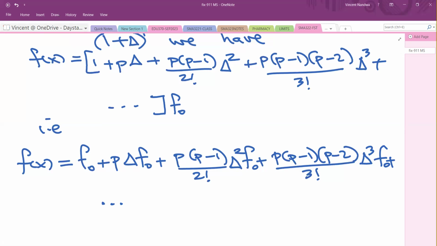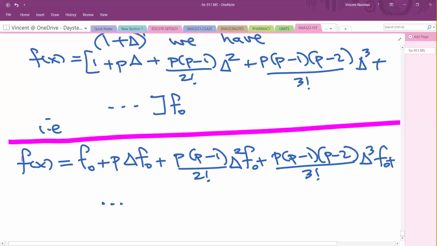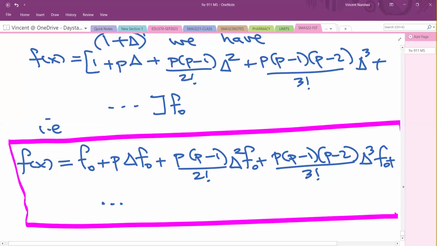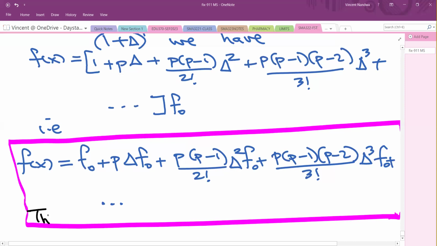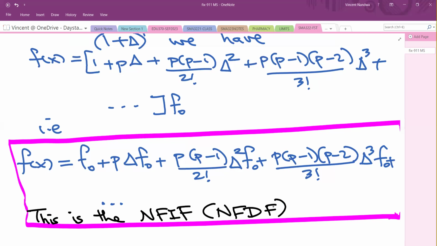This formula is what we call the Newton forward difference or interpolation formula. So let's call it 1.